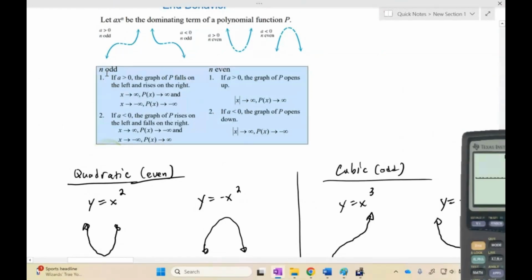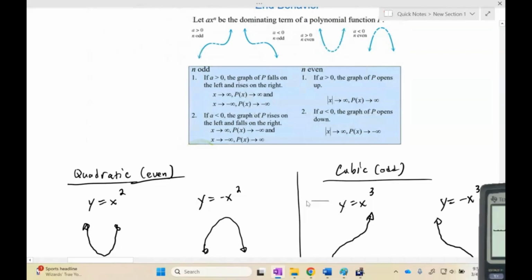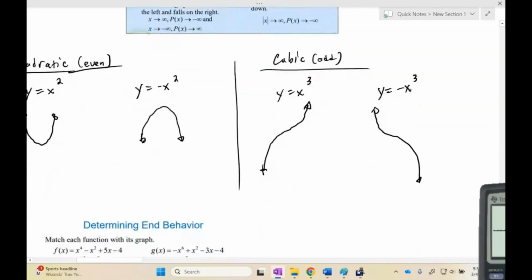So this side says if you're dealing with an odd function, and I'm going to move this over, it says that if a is greater than 0, so that just means if your coefficient is positive, and if you're dealing with an odd power, then your graph will fall to the left and rise to the right.